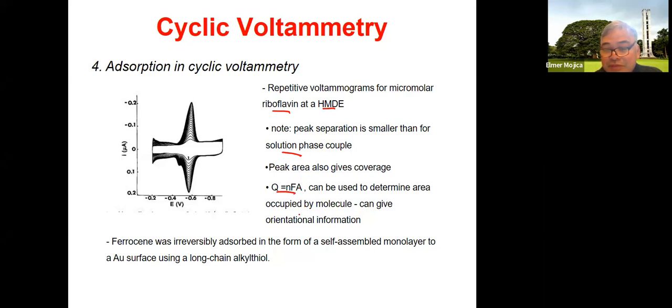So using this formula or equation, okay, you'll be able to determine the area occupied by the molecule and can give us the orientation information. Ferrocene was irreversibly adsorbed in the form of SAM to a gold surface using long chain alkyl cation. So you see the potential of this method.